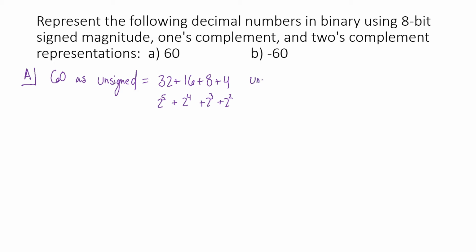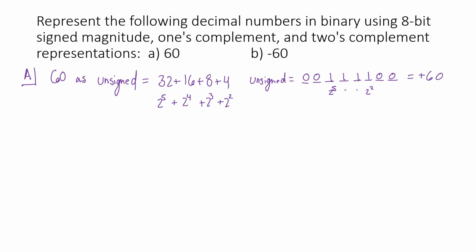So unsigned, we're going to use an 8-bit register: 1, 2, 3, 4, 5, 6, 7, and 8. So 2 to the 2, 3, 4, 5. 1, 1, 1, 1. Everything else is zeros. This is what plus 60 is in unsigned.